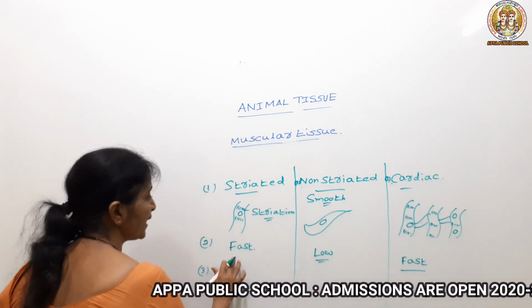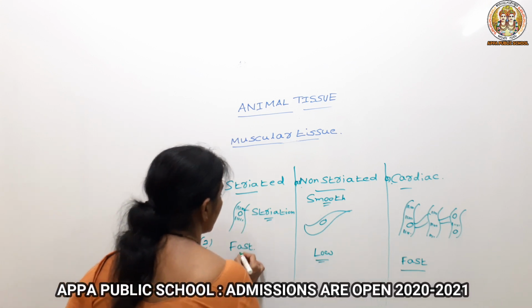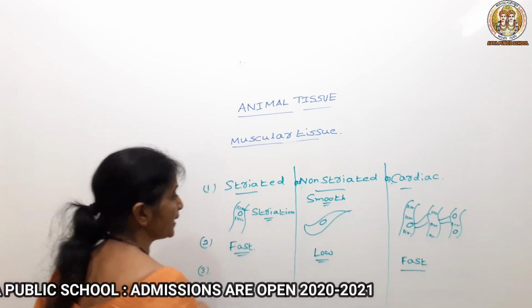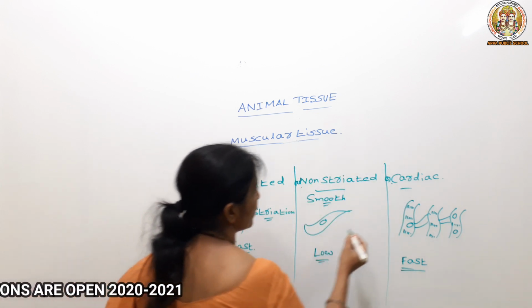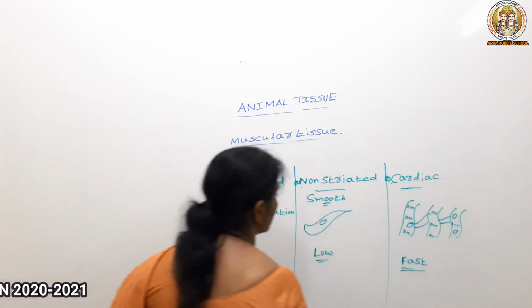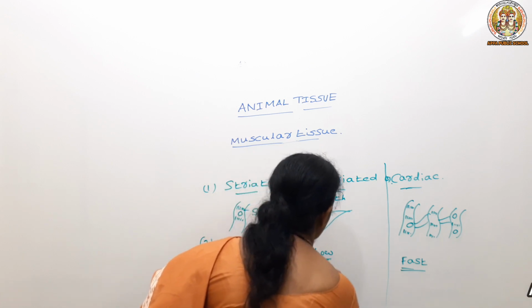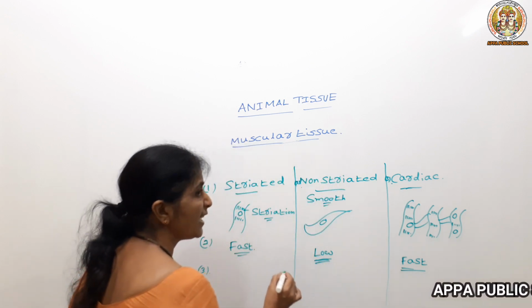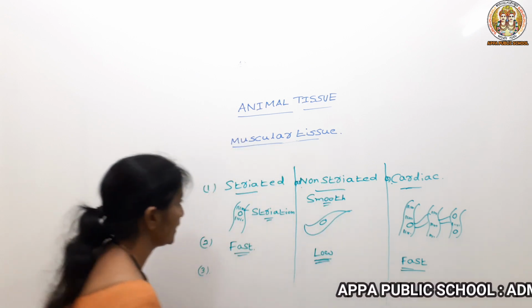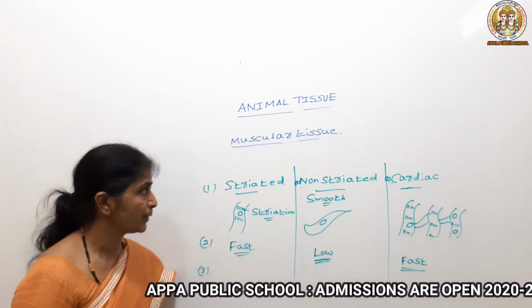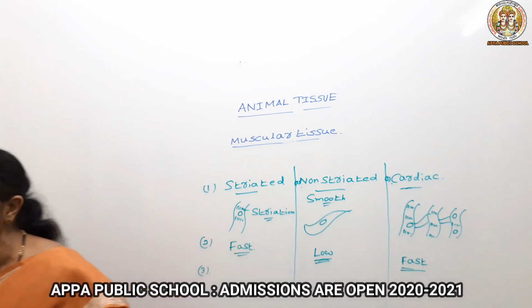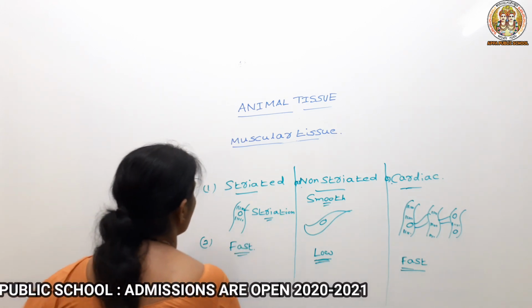But the rhythmic contraction, due to the contractile protein, is very fast in the case of the striated muscular tissue and cardiac muscular tissue, but comparatively slow in the case of involuntary muscles. Okay, so these are some similarities and differences between striated, non-striated and cardiac muscular tissue.